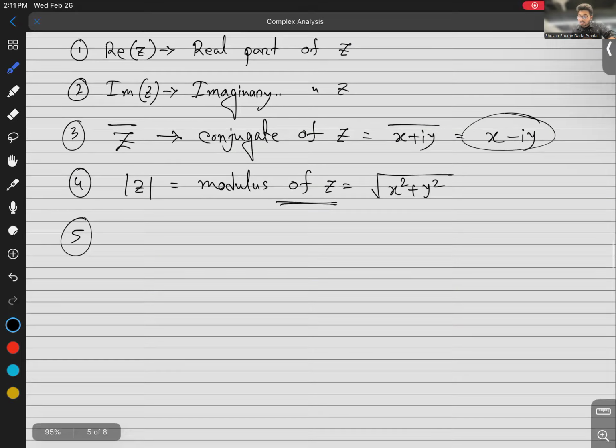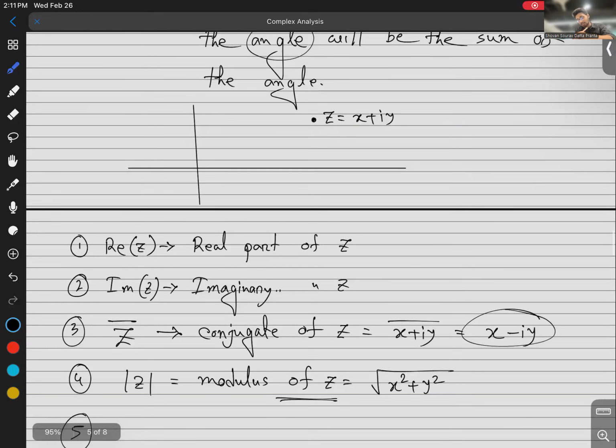And then, as we are considering the complex number as a quantity here, it has a length, and this length is basically the modulus, and we need an argument, that is theta.